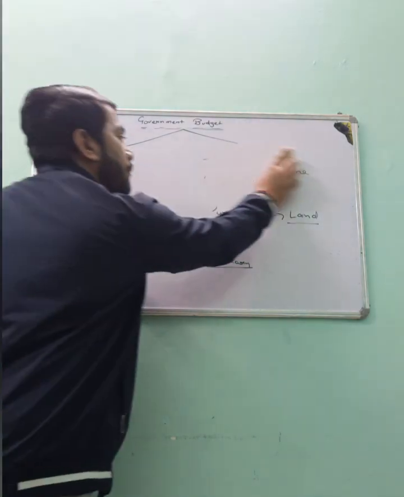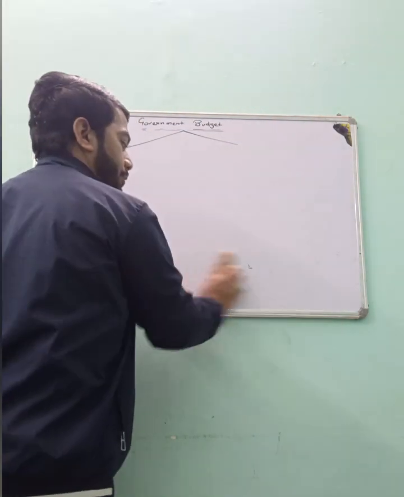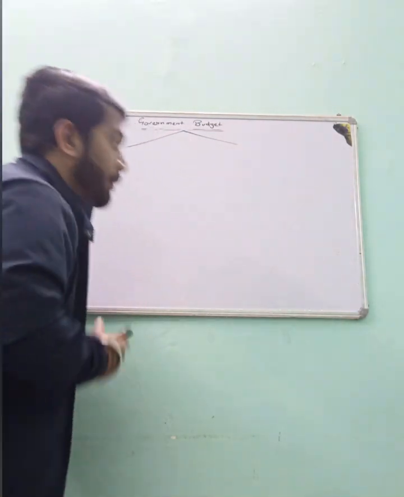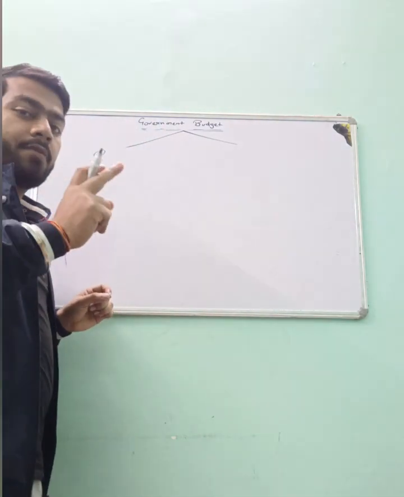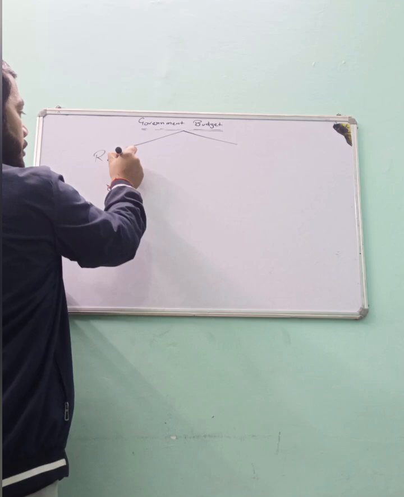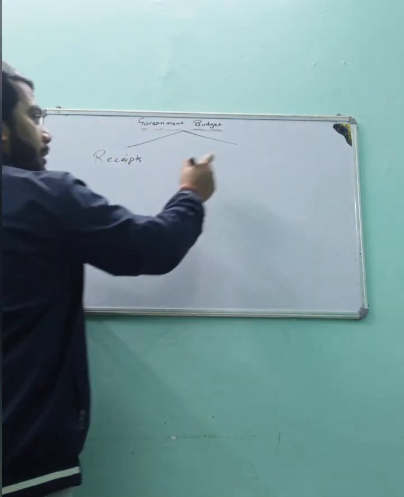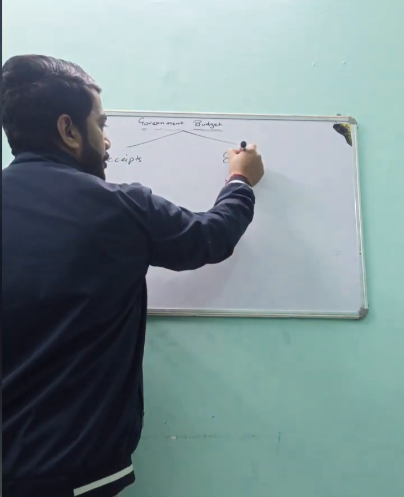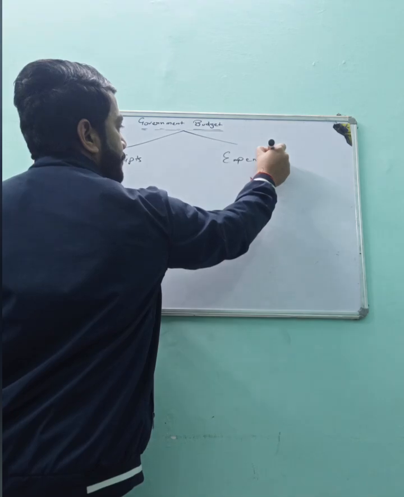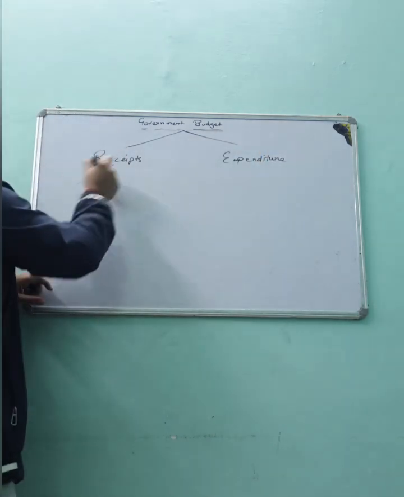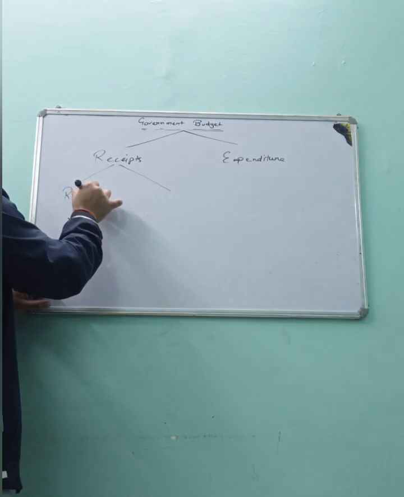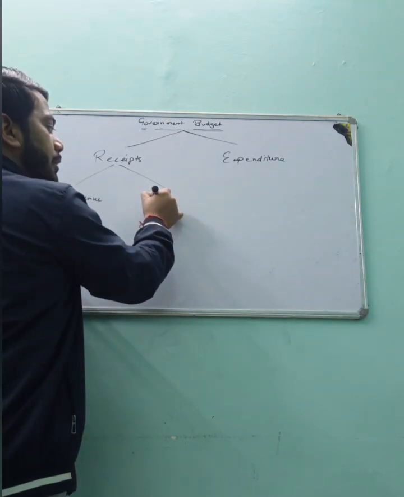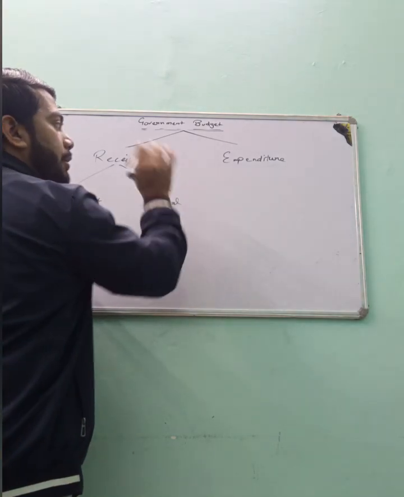Now we know the meaning of revenue nature and capital nature. So again, government budget is divided into two parts, receipts and second is expenditure. Receipts are further divided into two parts, revenue receipts and capital receipts.